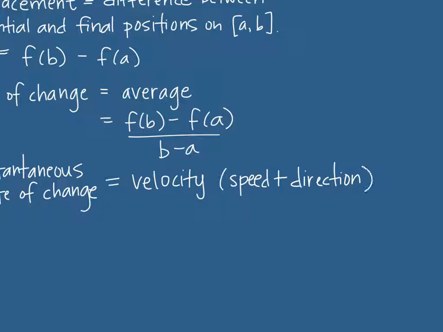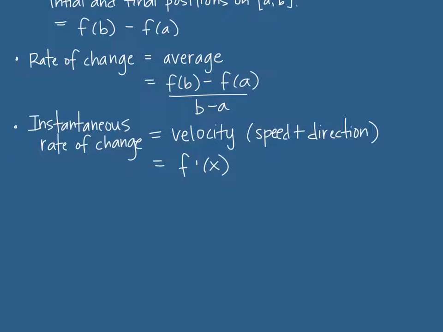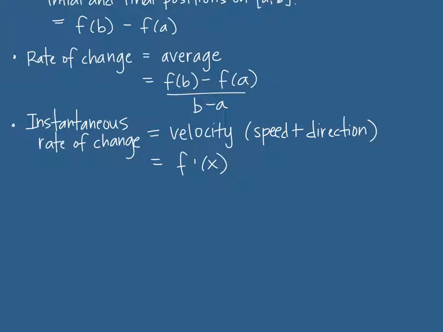The math behind that is the first derivative, f prime of x. So you have to be careful about rates of change. You have to watch out, does it say average or not? Be careful that you're using the right formula, because you are going to get different results.